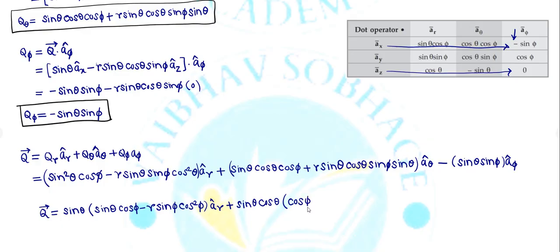Cos phi from the very first term. Then what is left over here? r sine theta cos theta is taken common, so what is left? Sine theta sine phi, then this is a theta, then minus, there is nothing to take common out.